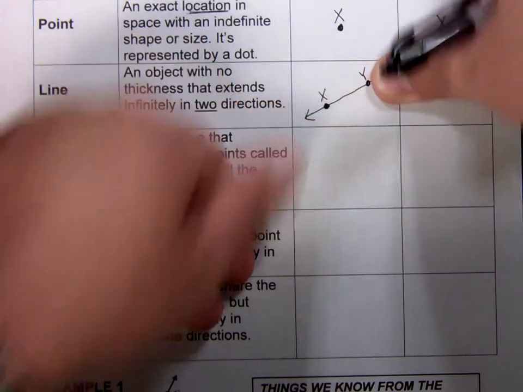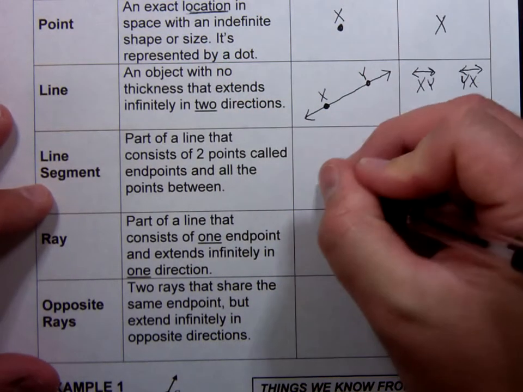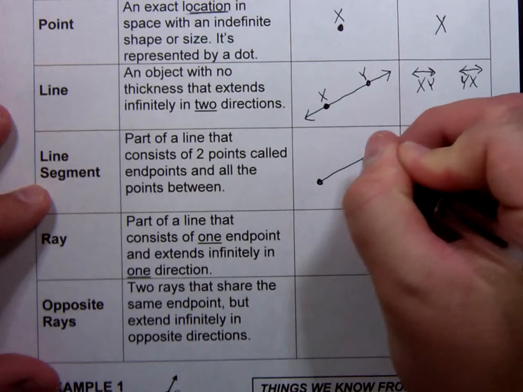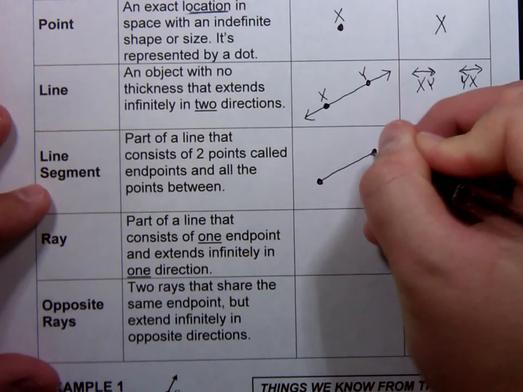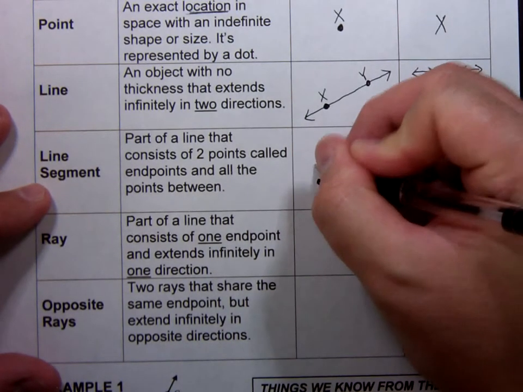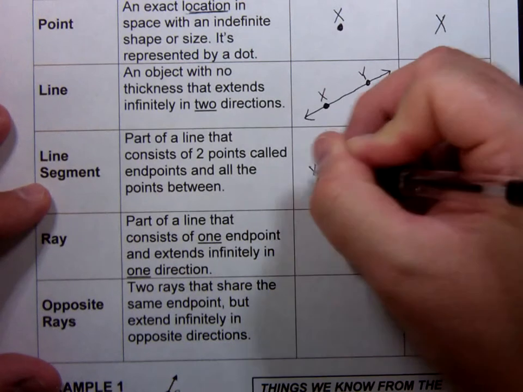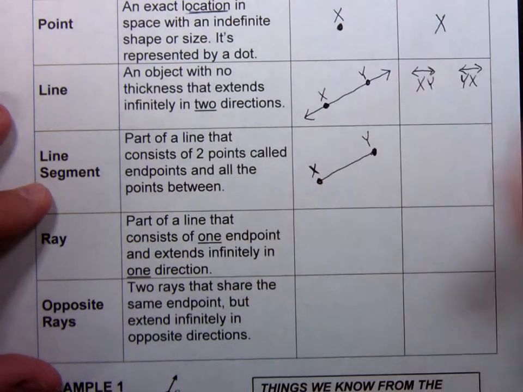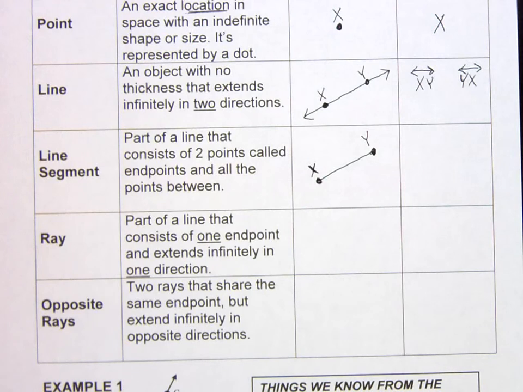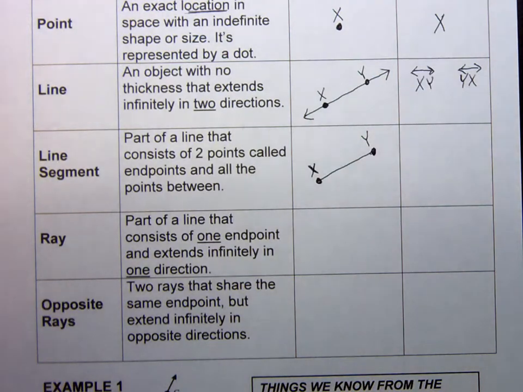A line segment does not go to infinity in both directions. It goes from one endpoint to another endpoint. So this is an example of a line segment. If you can measure it with a ruler or a tape measure, it's a line segment, not a line. Lines are infinitely long. Segments are finite.